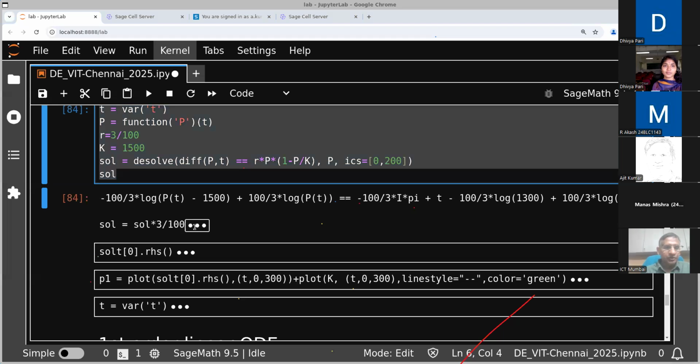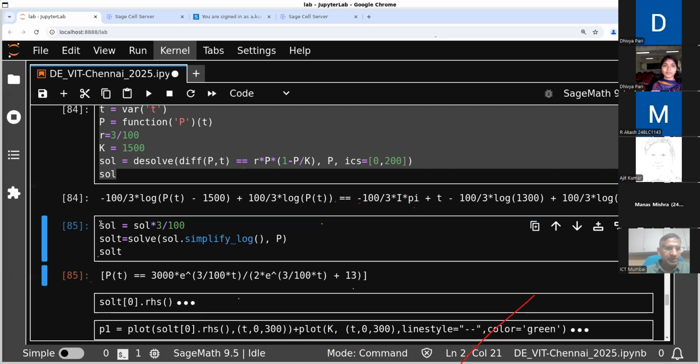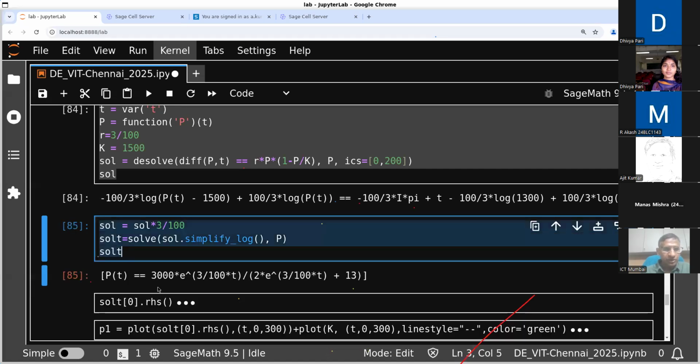You can see here everywhere there is a multiple of 100 by 3. So the whole thing I will multiply by 3 by 100, and then we will simplify this. Then the solution looks like 3000 into e to the power 3 by 100 t divided by 2 into e to the power 3 by 100 t plus 13.